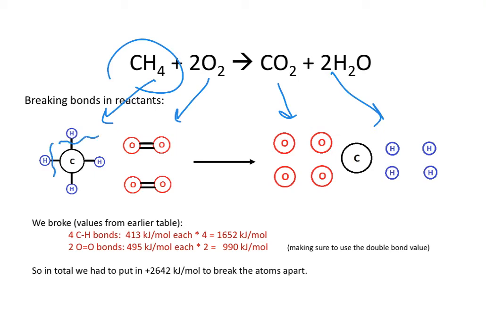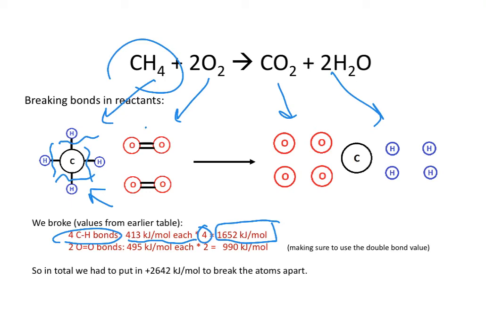In this case, when we combust natural gas, CH4, we broke 4 carbon-hydrogen bonds. Looking back at that bond energy table, each carbon-hydrogen bond is 413 kilojoules. There are 4 of them that we broke, so we had to input 1,652 kilojoules per mole simply to break all the bonds in methane, in natural gas.